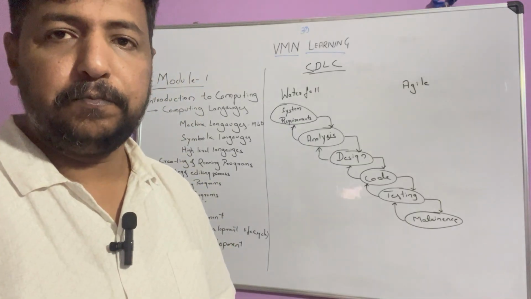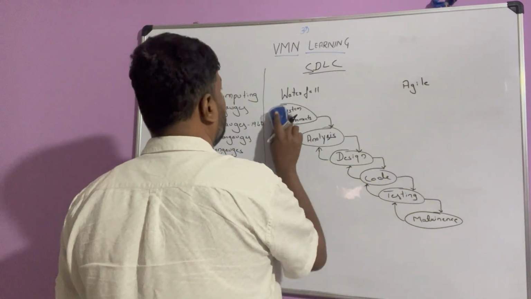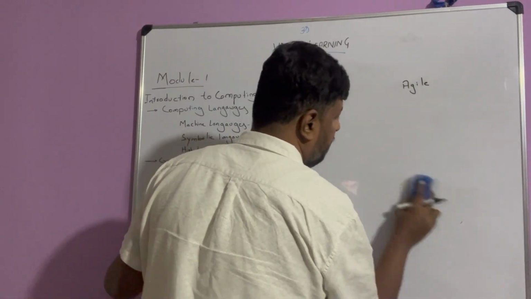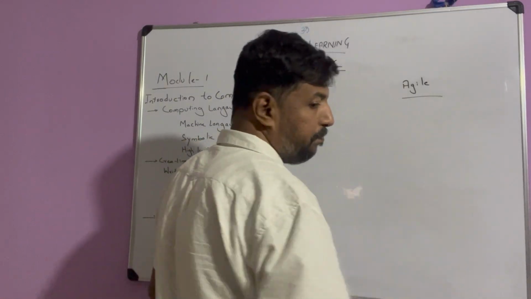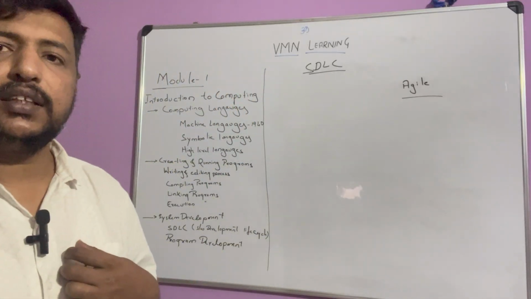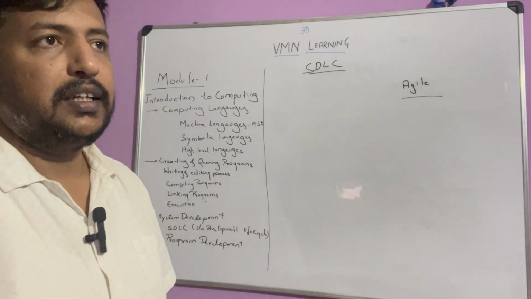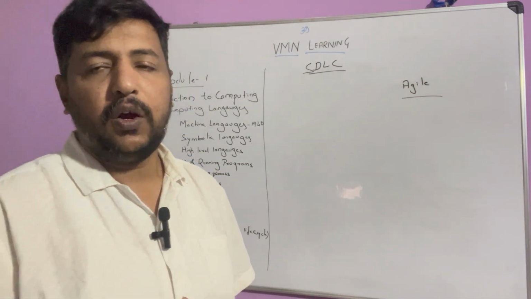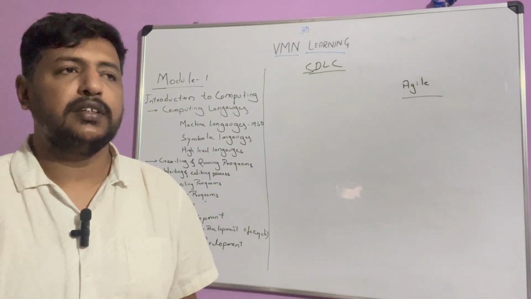Okay. Now we are going to move to the agile model. Agile model is the adaptive model. Here the constant feedback of users is taken, and each development happens on a sprint basis.